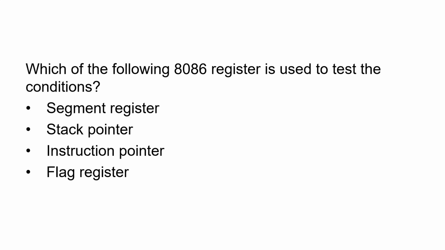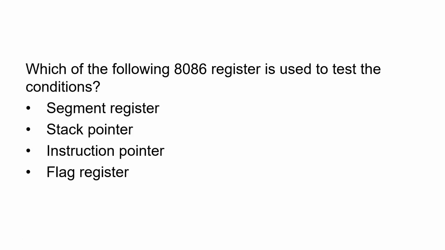Which of the following 8086 registers is used to test the conditions? We have sets of instructions in 8086, namely arithmetic, data transfer, logical and control transfer instructions. In control transfer instructions we need to test some conditions.